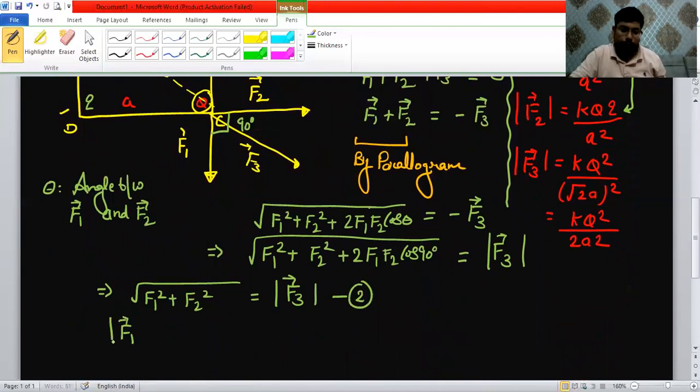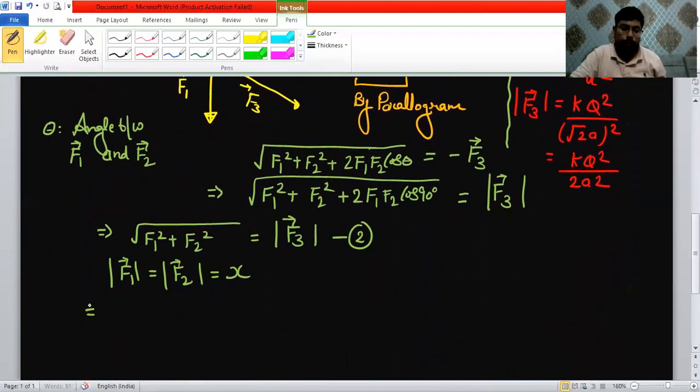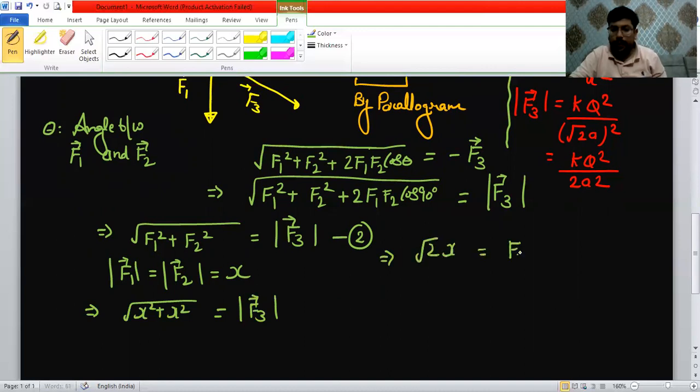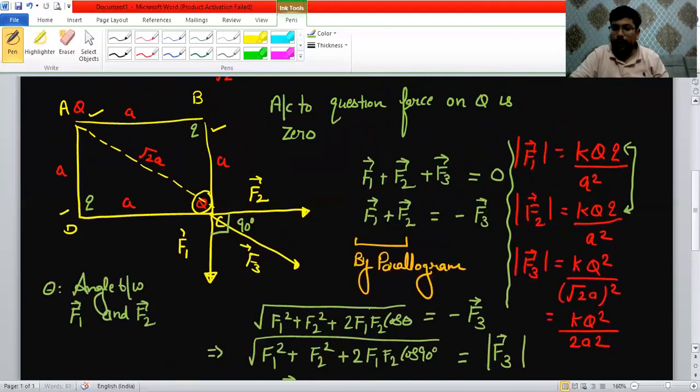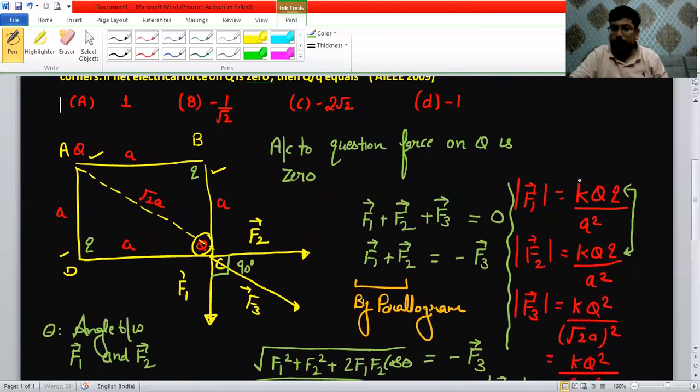F1 vector magnitude is equal to F2 vector magnitude, let us say it equals X. So we can substitute under root X square plus X square is equal to F3 vector magnitude, which gives us root 2 X equals F3 vector magnitude, and X represents F2 vector magnitude, which we calculated above as K capital Q small q by A square.